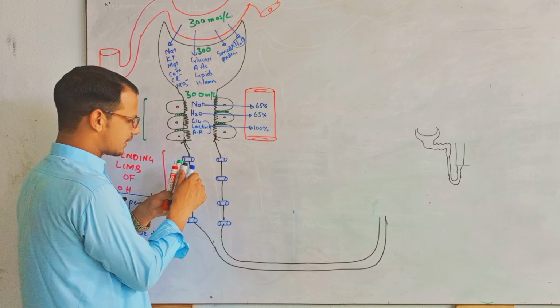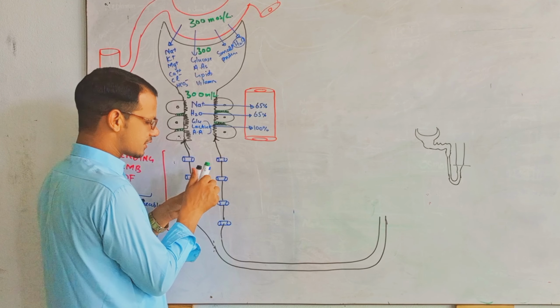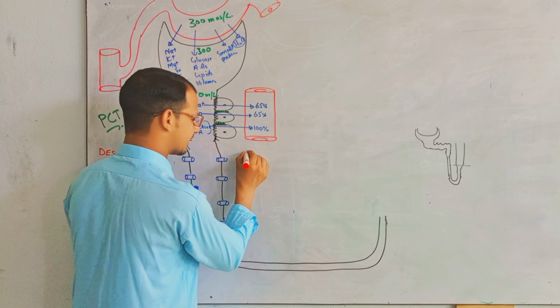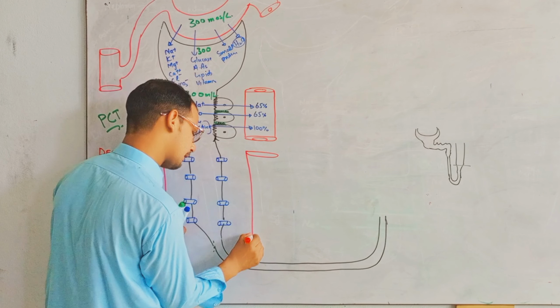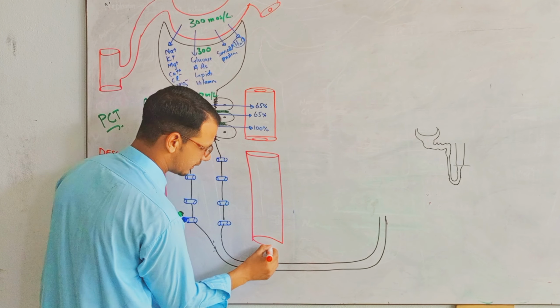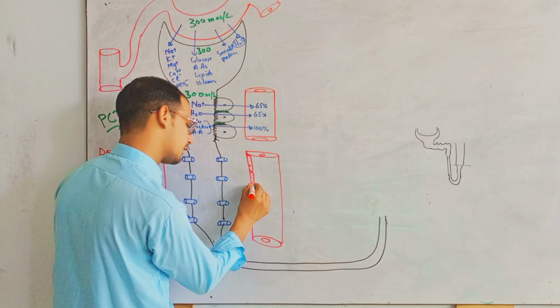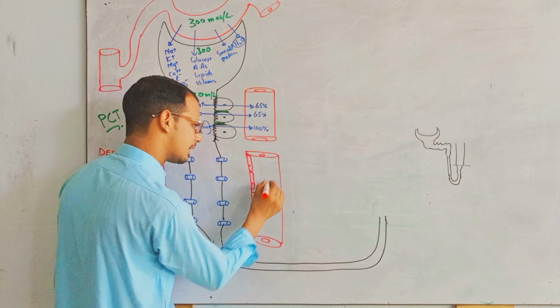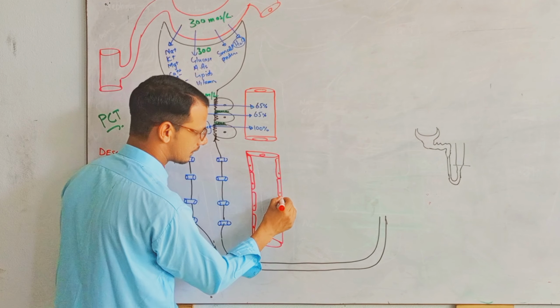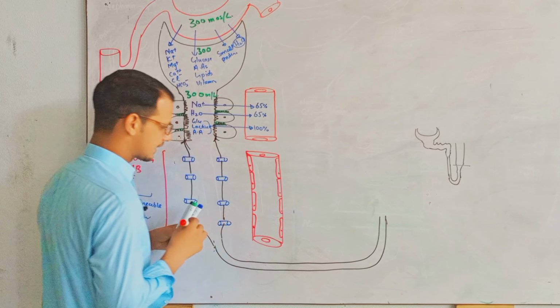So for example, from here the reabsorption of water takes place. For example, these are the peritubular capillaries composed of simple squamous epithelium, right?